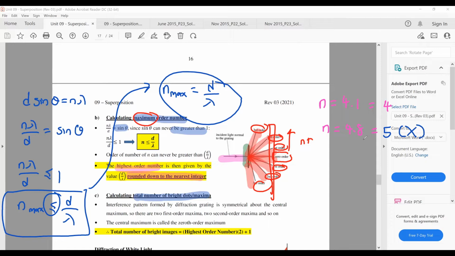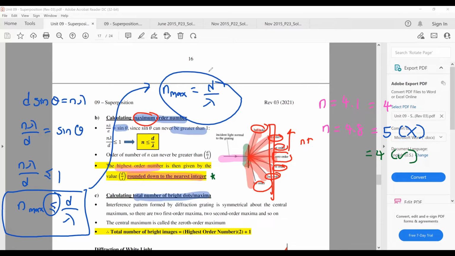This one, no, don't ever do this. You round it down to the nearest integer, meaning it's supposed to be 4. So just be careful of this. When it comes to finding maximum order number, you will always need to round it down to the nearest integer. Don't round it up like you do in normal maths. Okay, so that part is okay.